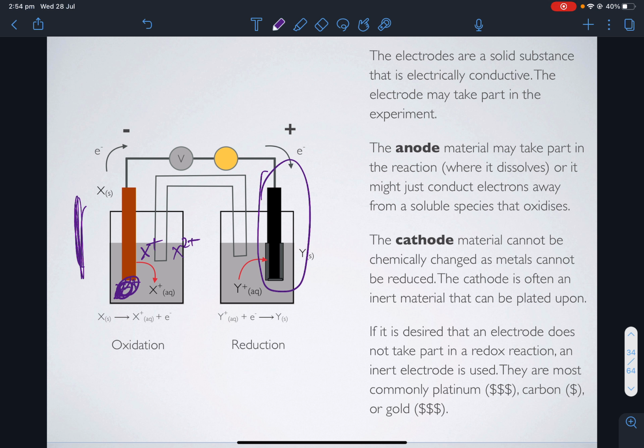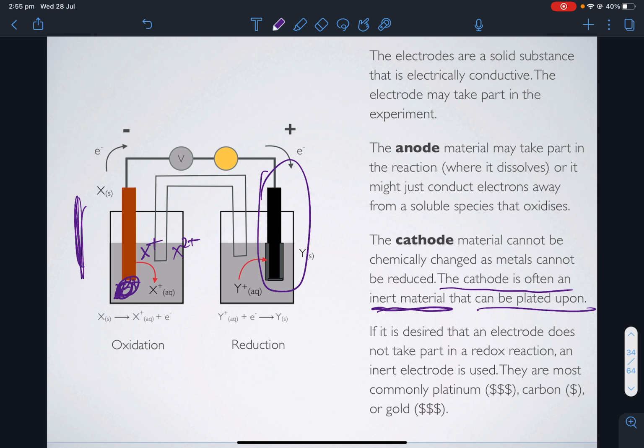So the cathode can usually be any conductive material. It's often an inert material, usually an inert metal, because they conduct electrons really well, that can be plated upon.